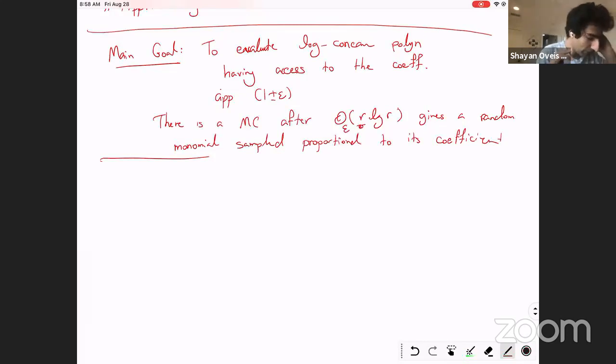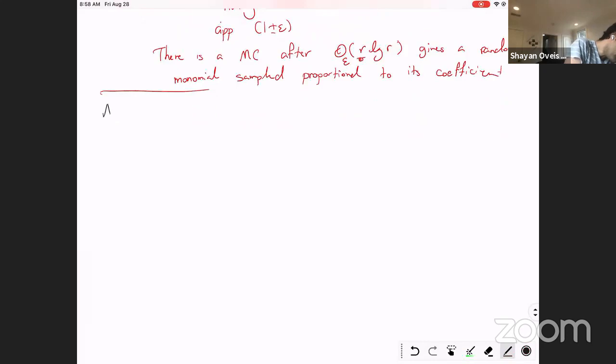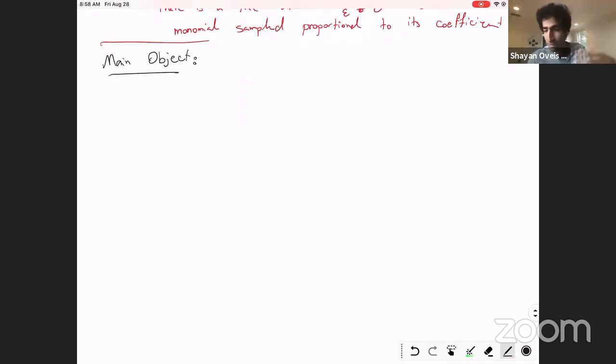Okay, so let me tell you the main object that we're going to work with to get close to this goal. The main object is called a simplicial complex and high dimensional expanders. What I'm going to do now is a series of definitions and some observations, and then we'll see the connection to polynomials. So a simplicial complex is defined on a set of elements.